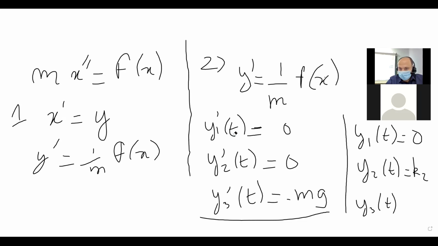And so this gives you, yeah, and you're right, it's minus g. Thank you. All right, and so this gives me minus gt plus k3.